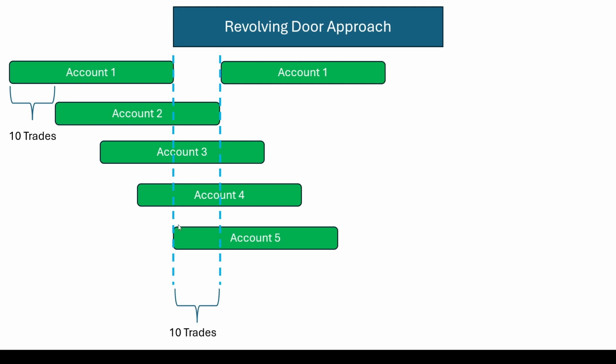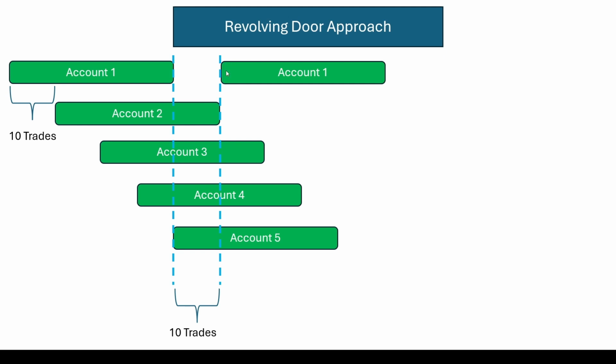Once you start up account 5, the other aspect of this system comes into play, which is the account pausing. You want to always have a certain deviation between when your accounts are running. And obviously you don't have unlimited money to be buying infinite prop firm accounts. So what you would do is upon the start of account 5, account 1 would then be paused for a series of 10 trades. So this is the pause here.